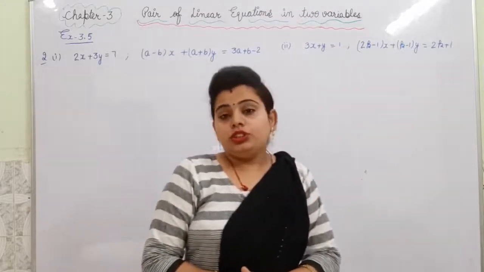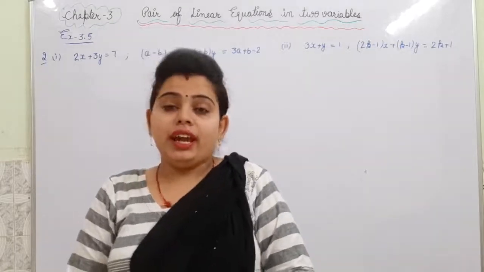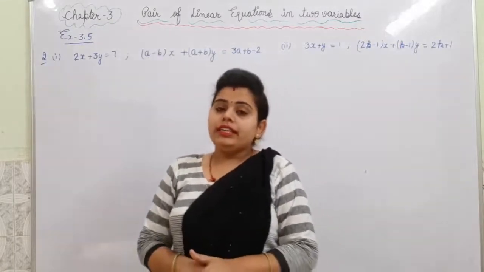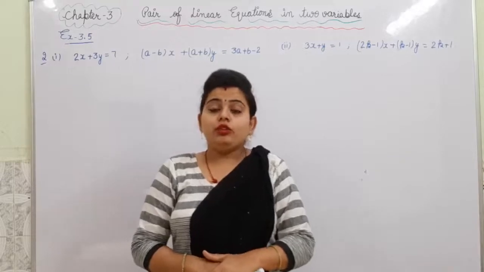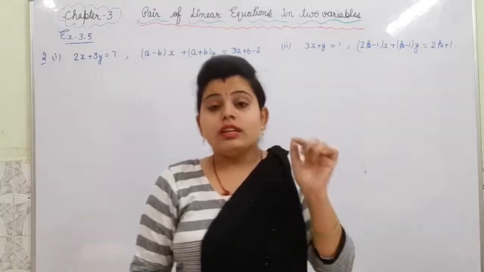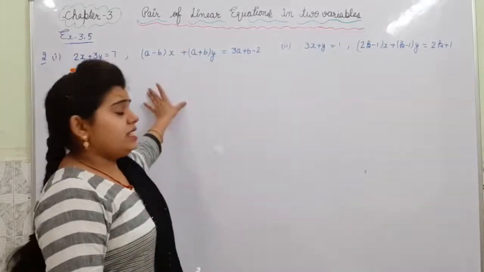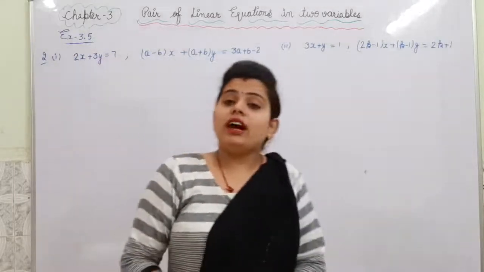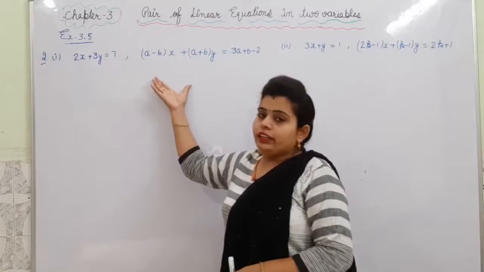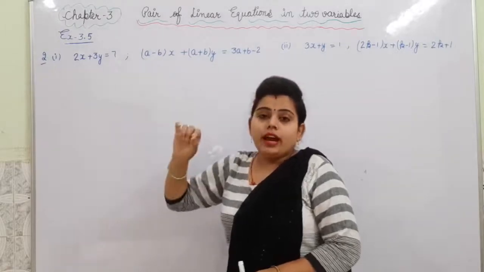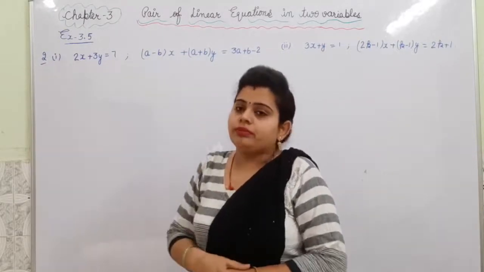Infinite number of solutions, unique solution and no solution. These conditions I am telling you from exercise 3.2. These three conditions are very important. So what is given in the first part? Find the value of A and B if the pair of linear equations will have infinitely many solutions.